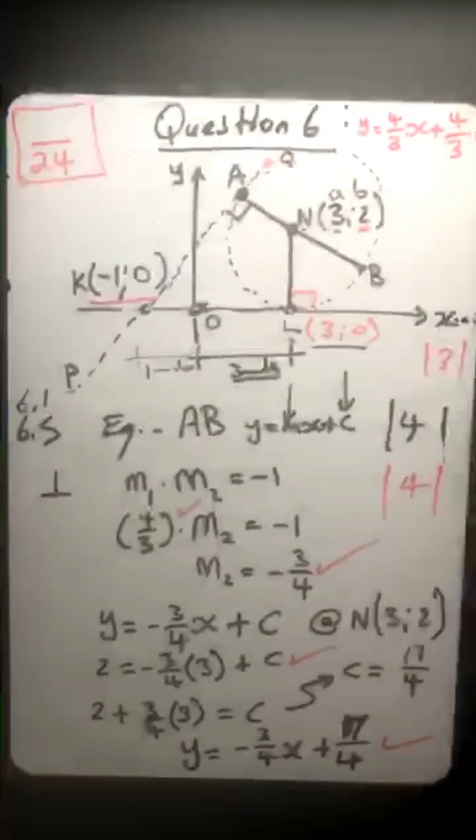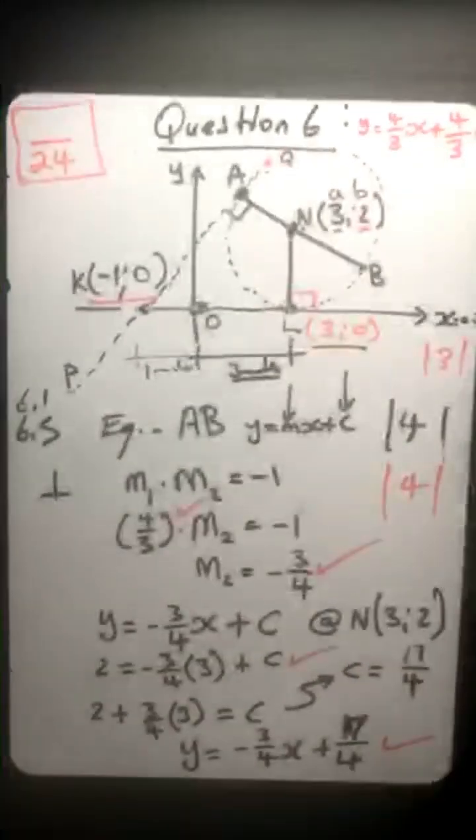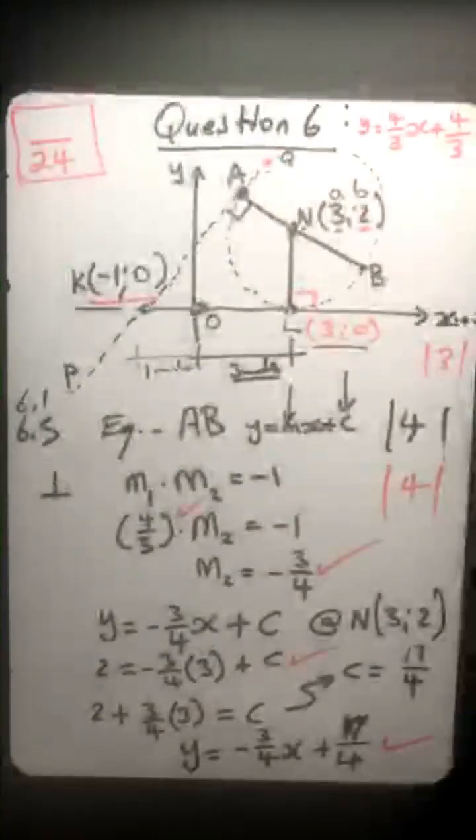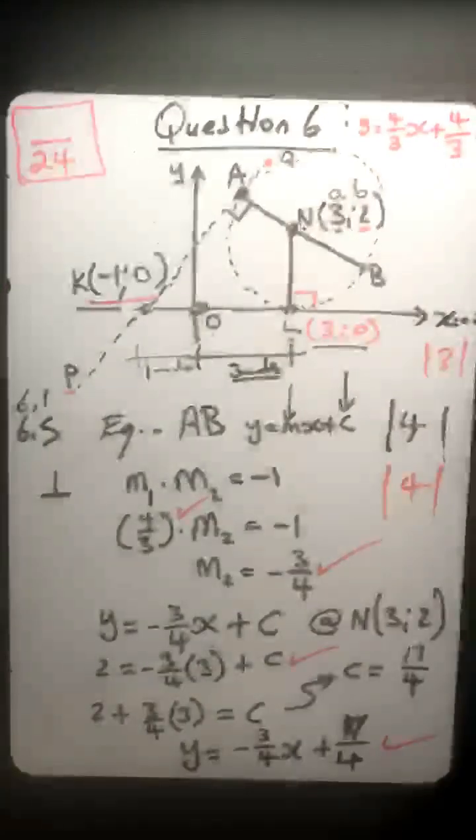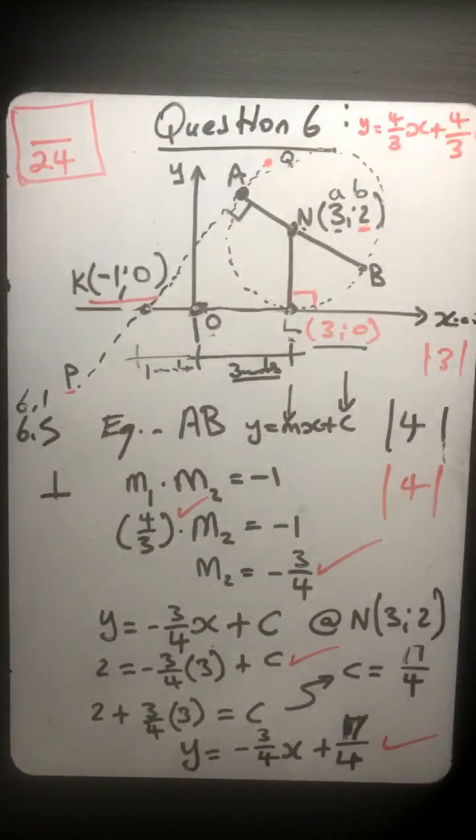Can I ask something? My question is on the gradient, where we got 4 over 3 multiplied by gradient 2, which equals negative 1.